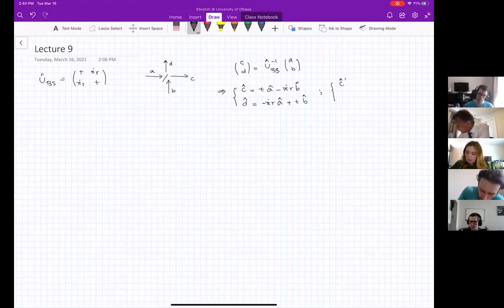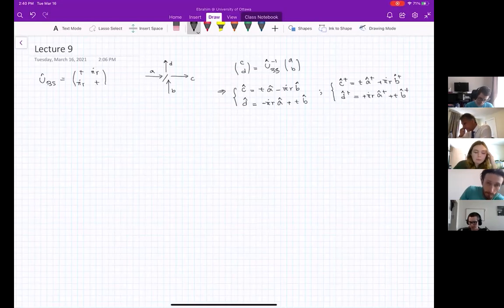So C dagger is equal to T A dagger plus iR B dagger, and D dagger is equal to plus iR A dagger plus T B dagger.